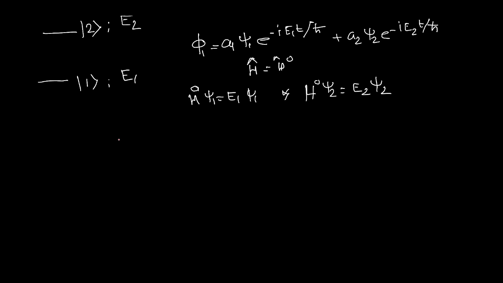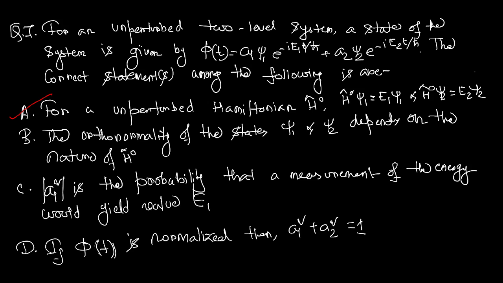Orthonormality means that if we take the overlap of psi 1 with psi 1, we get a value of 1, but if we take the overlap between psi 2 and psi 1, it goes to 0. This property is known as the orthonormal property. It doesn't depend on your Hamiltonian, so this option is incorrect.